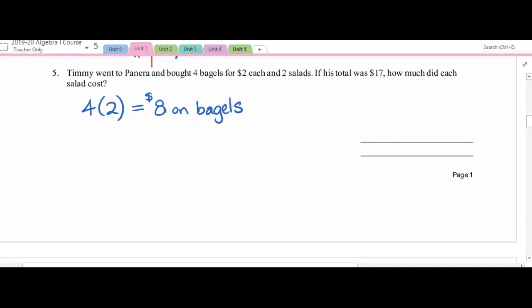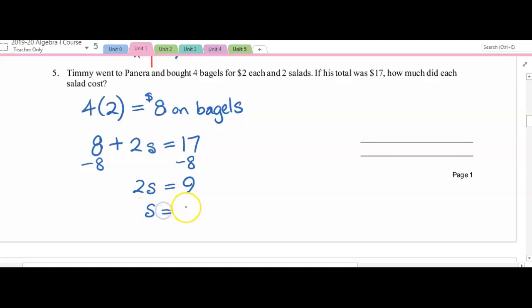All right. $8 on bagels and 2 salads. We don't know how much the salads cost, so we'll say that he spent 8 on bagels and 2 times the cost of a salad, and it equals 17. So let's solve. Let's subtract 8 from both sides. 2s equals 9.